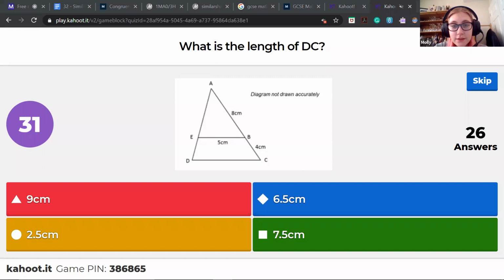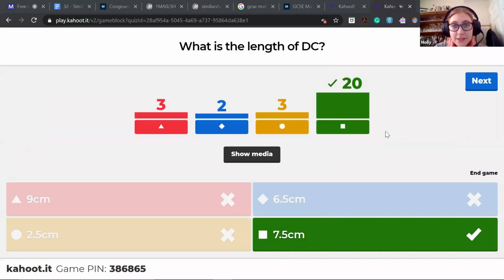Brilliant. Pathan's got it, Z's got it. Amelie's got it as well.